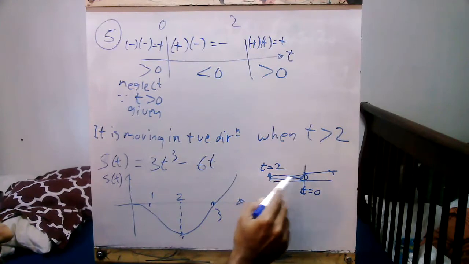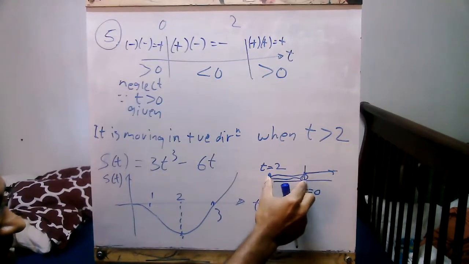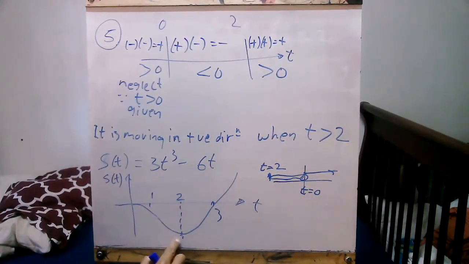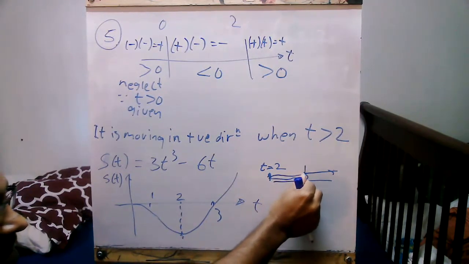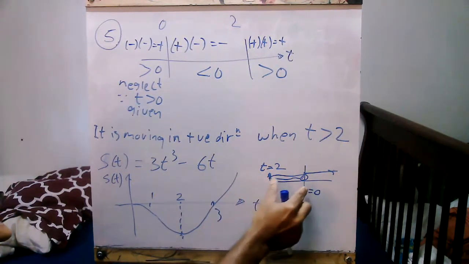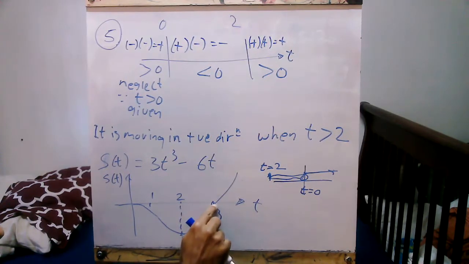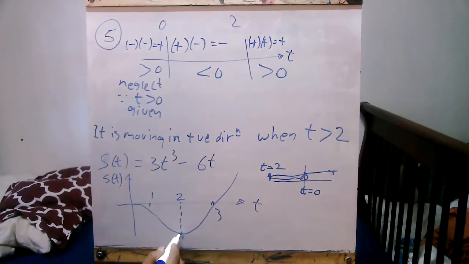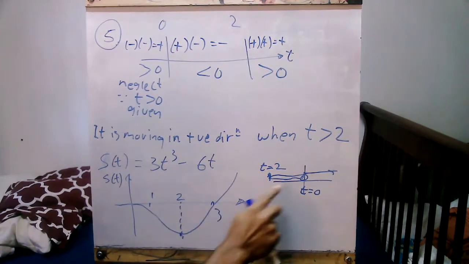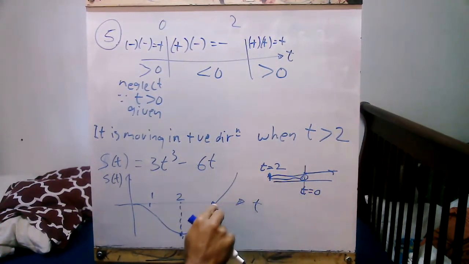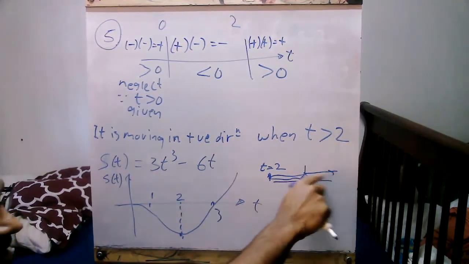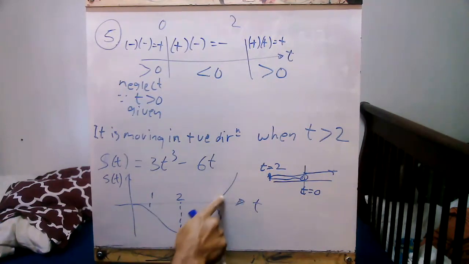See, the distance from this point is increasing negatively, then the negative distance decreases and comes to 0. This is the point where the velocity changes its direction. Then the distance increases positively.